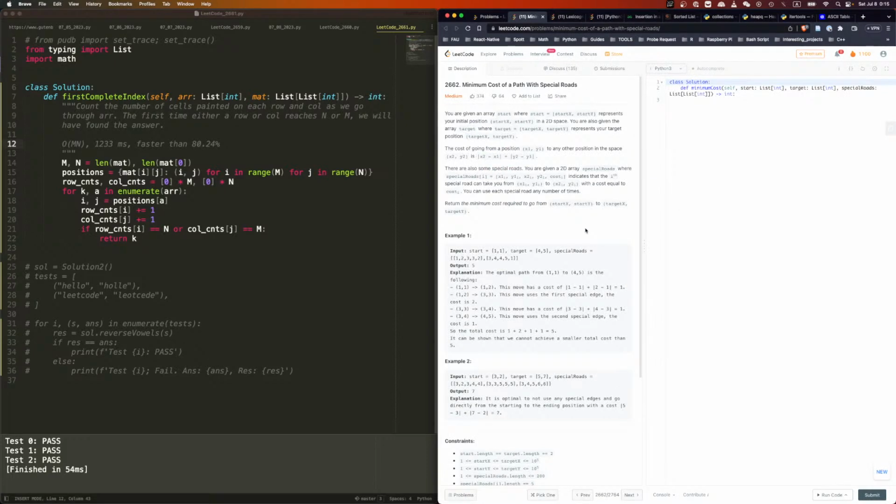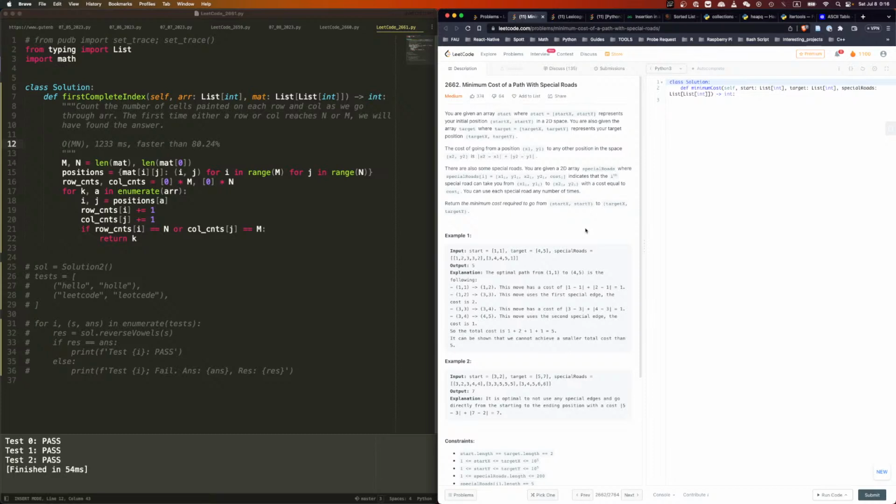All right, minimum cost of a path with special roads. You're given an array start, which represents your initial position in a 2D space. You are also given the array target, where target represents your targeted position. Okay, the cost of going from a position to any other position in the space is, I think, the Manhattan distance. There are also some special roads.